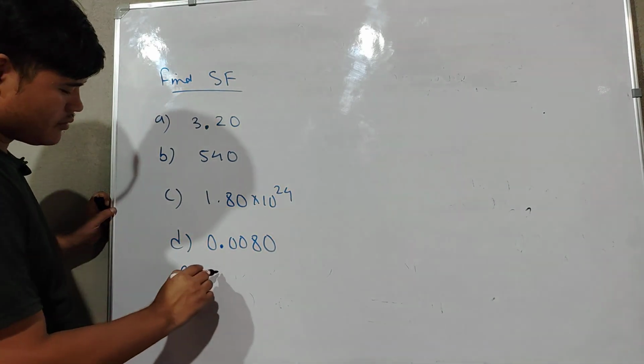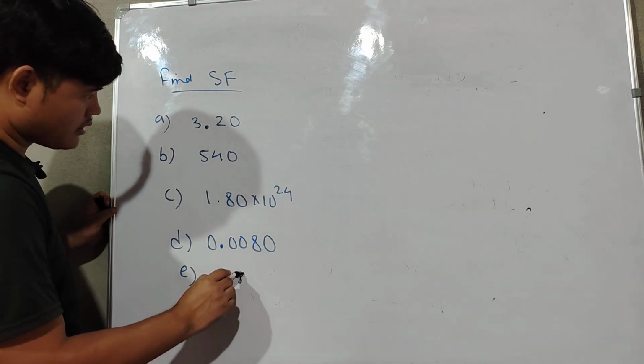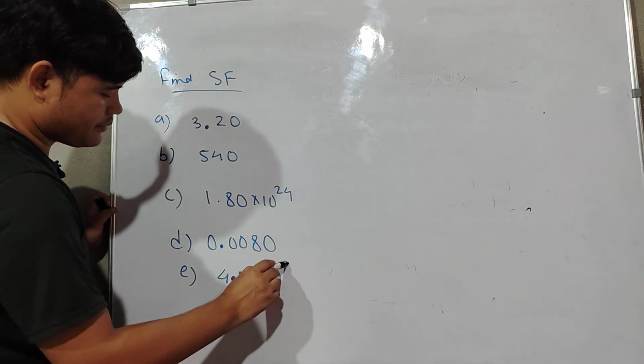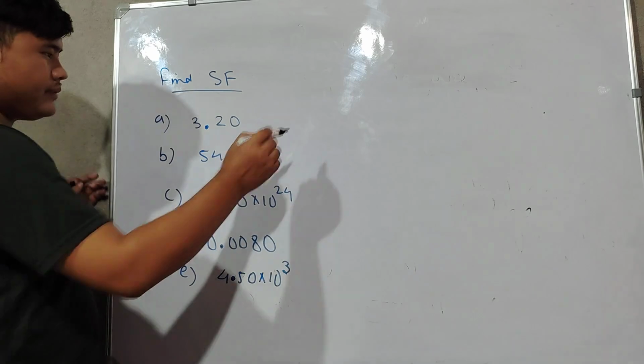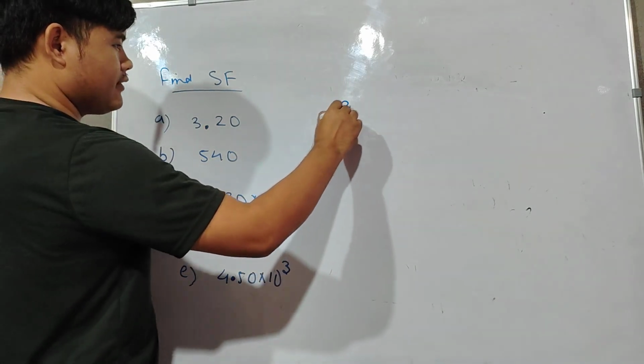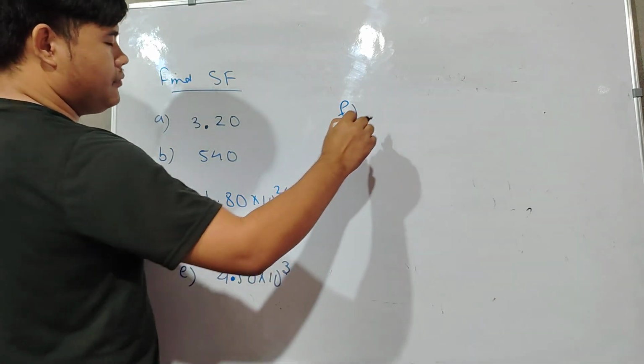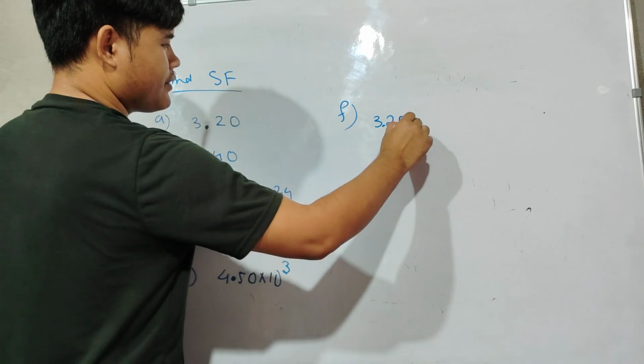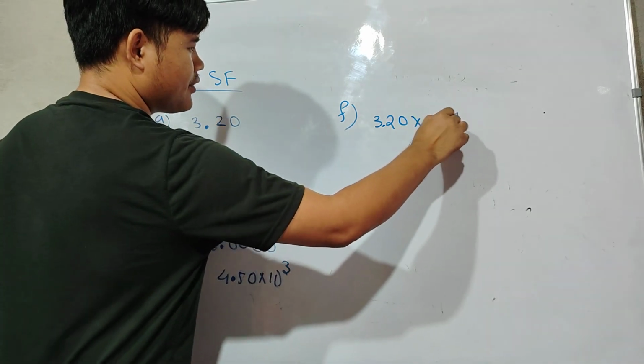Number E: 4.50 into 10 to the power 3. Number F: 3.20 into 10 to the power 4.